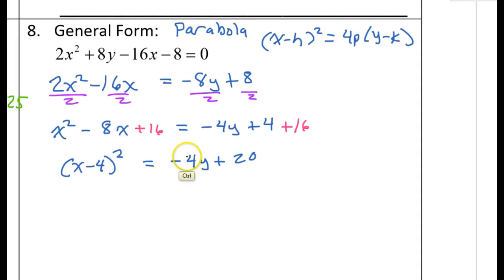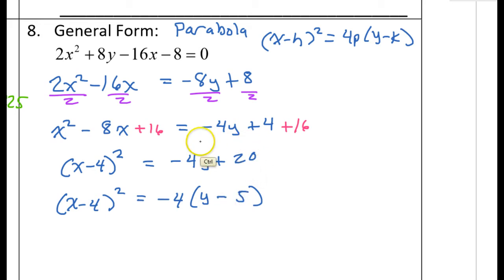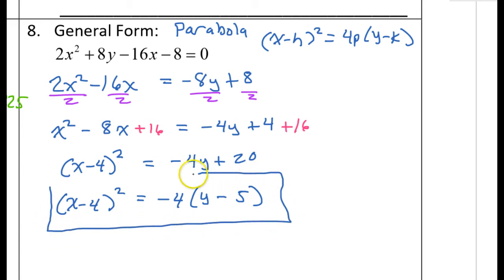So I'm going to have x minus 4 squared equals, and I pull out the negative 4, and that's going to leave behind y minus 5. Think 20 divided by negative 4, so that's negative 5. And that's it. This is the standard form equation of the parabola.